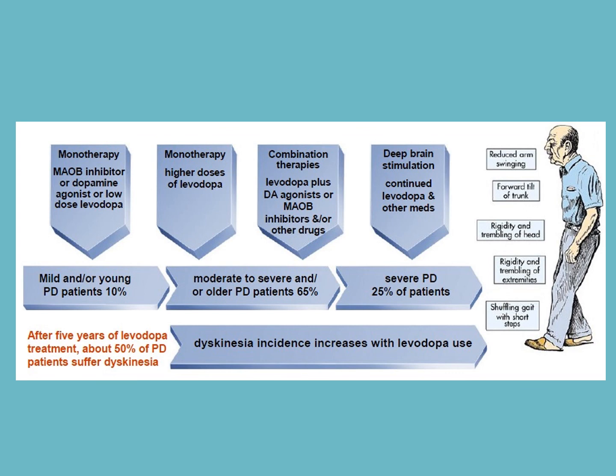So early on, if they're young patients or if they have mild symptoms, they might do levodopa, low dose, or they might have an MAO-B inhibitor, something along those lines. But after about 5 years, about 50% of those patients are going to start to go into on-off syndrome, dyskinesia because of the time off situation.